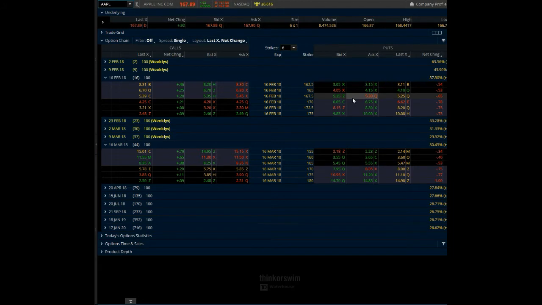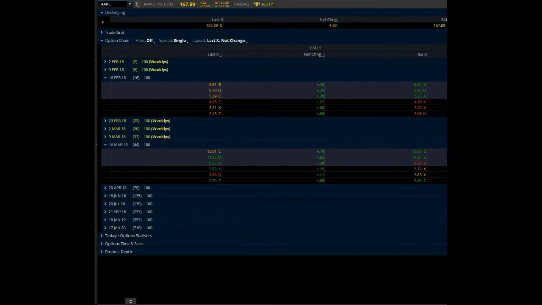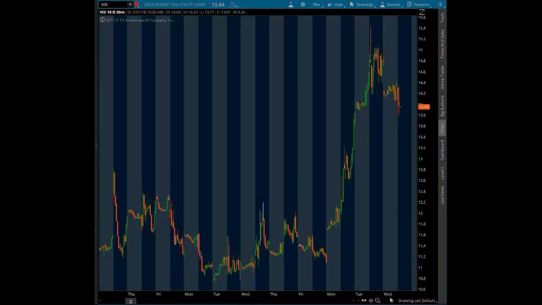The VIX is just measuring the amount of premium inside the options market on the S&P 500, basically. So when you're looking at the VIX, what are you really looking at?